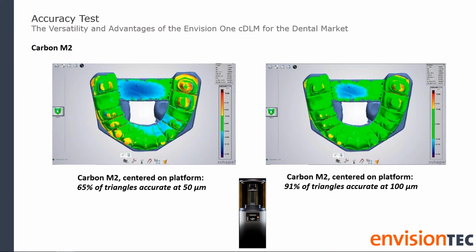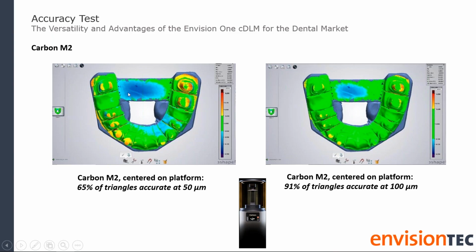As you can see, we're at 65% accuracy at 50 microns on the Carbon M2, whereas on the Envision One, we were also at 65% accuracy. The Carbon M2 at 100 is at 91, which is honestly only 1% less. But I hope you can see my mouse here, if you look at this area here, this is the most interesting part that I'd like to show you.